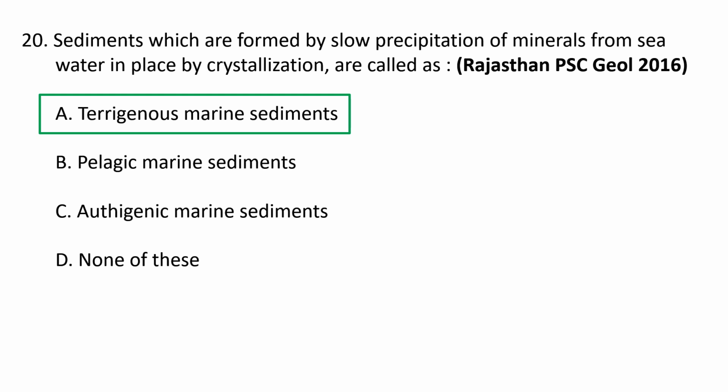Terrigenous sediments are the sediments that are transported to the ocean from the land by wind, rivers, and ocean currents, also glaciers. And these are also known as the clastic, detrital, or land-derived sediments. And terrigenous sediments can include volcanic ash and turbidites. So the correct option is A, terrigenous marine sediments. These are the sediments which are formed by slow precipitation of minerals from seawater in place by crystallization.